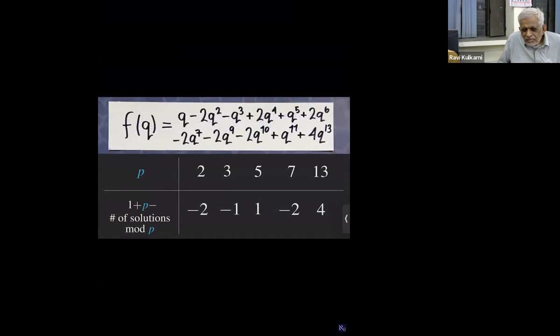The point is, these numbers exactly match the coefficients of our modular form. For example, the number here is -2, and the second coefficient of our modular form is -2. The number here is -1, and the third coefficient of the modular form is -1. Likewise for all the other numbers.